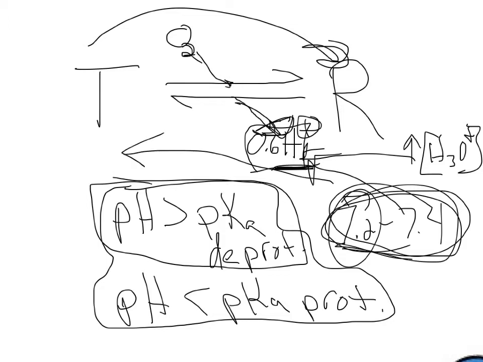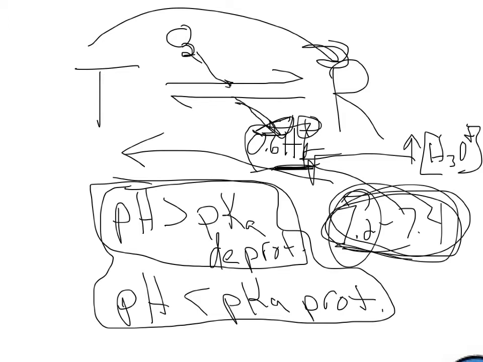And the T state doesn't bind oxygen that well compared to the R state. So what happens? Oxygen's released. And the T state is stabilized at low pH. So the binding affinity of hemoglobin gets worse at lower pHs.